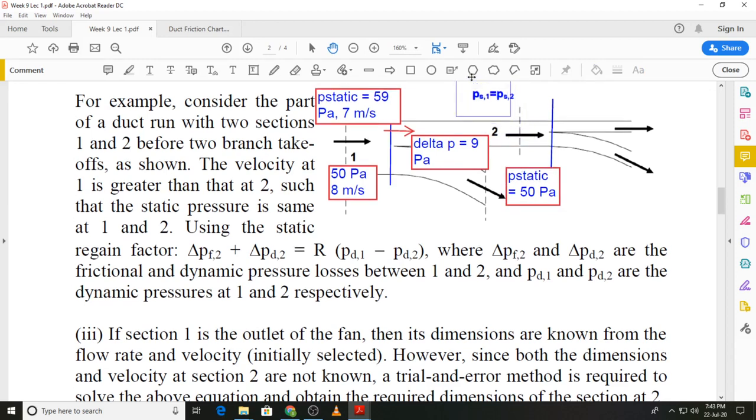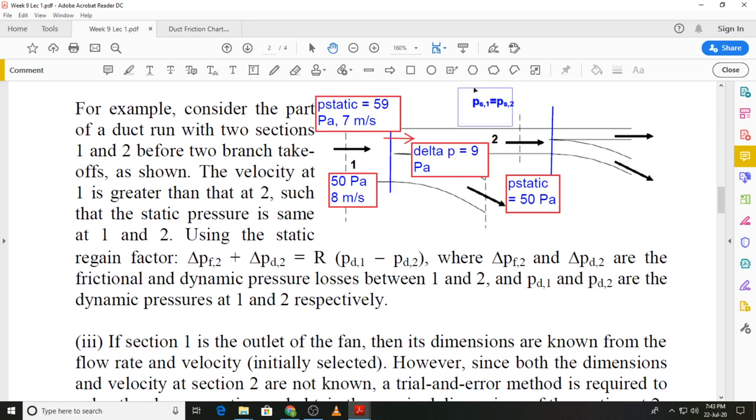And that is what we are saying, that PS1 will become equal to PS2 over here.